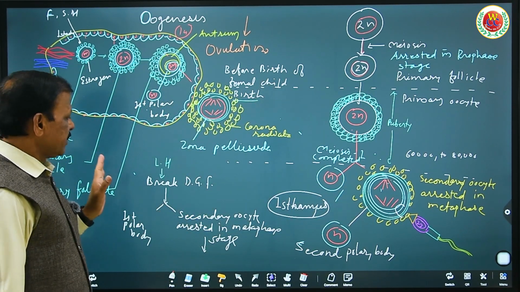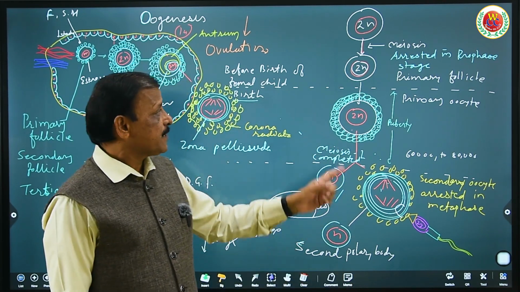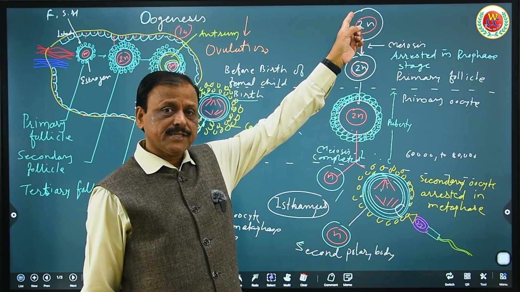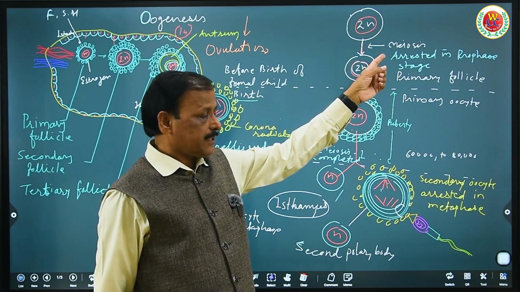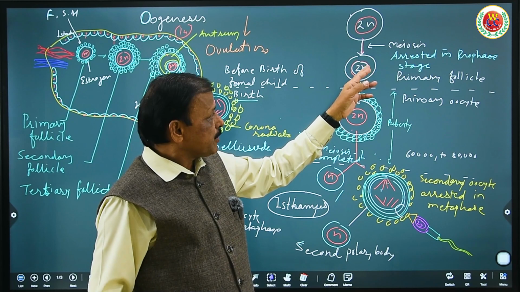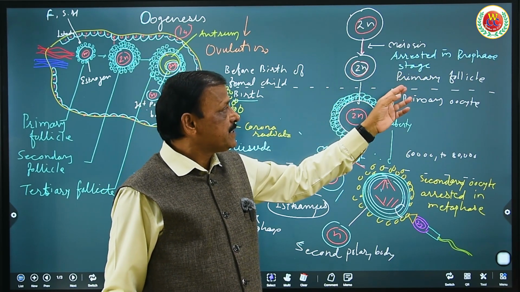So once again, to have understanding of the oogenesis process, millions of oogonia are produced in female fetus during embryogenesis in mother's body. By the time they undergo oogenesis, that meiosis, from the primary oocyte arrested in prophase stage.